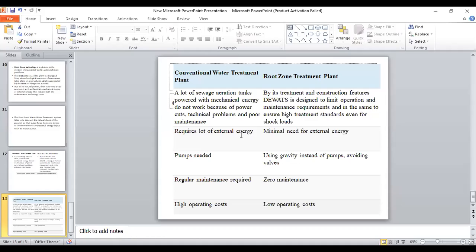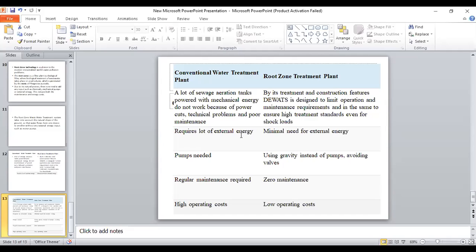Whereas the root zone technology, by its treatment and construction features, DEWATS, is designed to limit operation and maintenance requirements. DEWATS stands for decentralized wastewater treatment system. It also ensures high treatment standards even for shock loads.